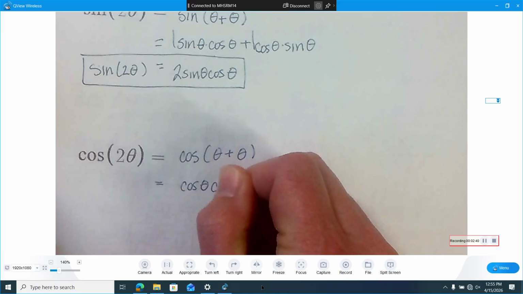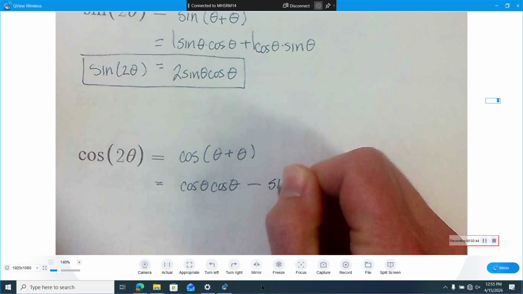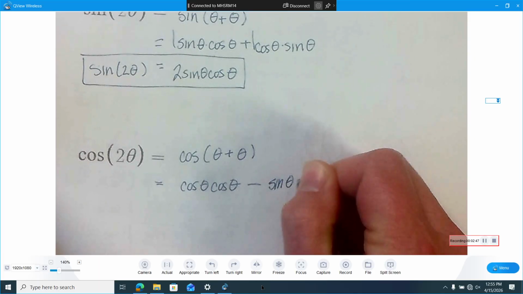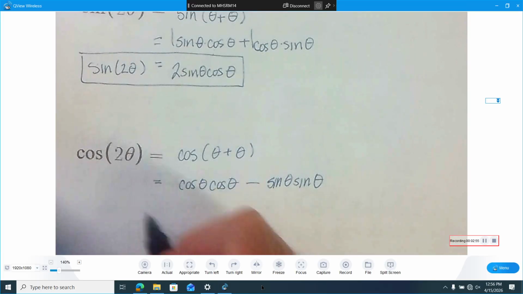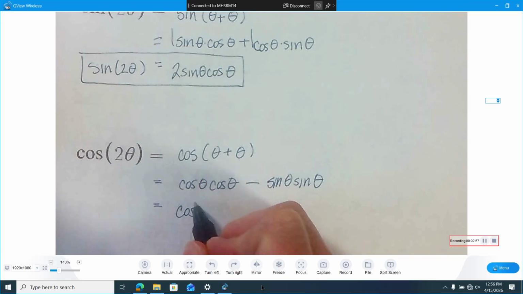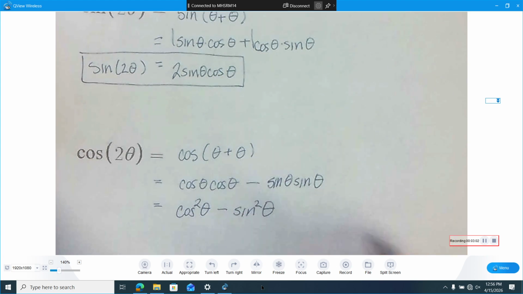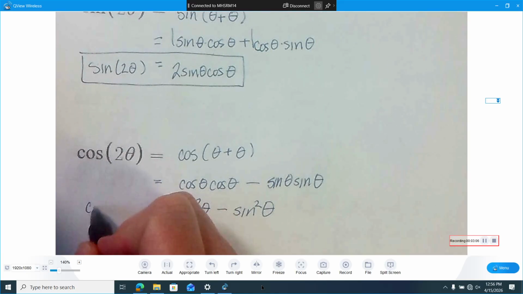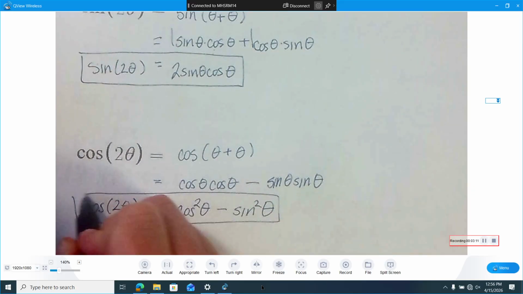Cosine of the first, cosine of the second, change the sign, sine of the first times sine of the second. So this is really just cosine squared theta minus sine squared theta. This is one formula for the double angle that we can use for cosine.